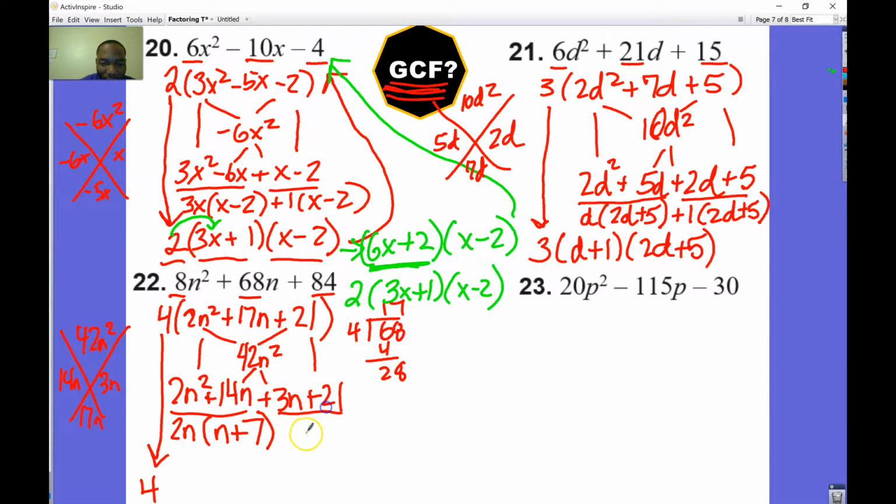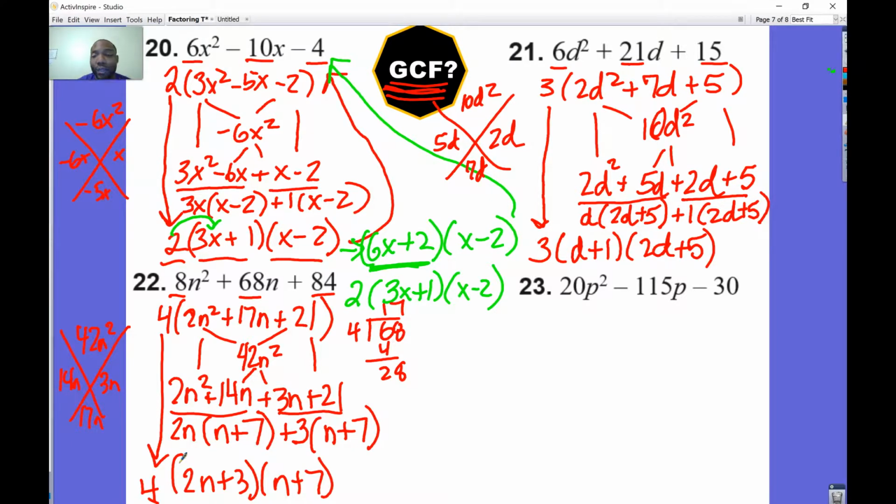And out of here, I can take out a positive 3 and end up with n plus 7. Good. And now, set my problem up. 2n plus 3 times n plus 7 times my 4 would be my completely factored terms.